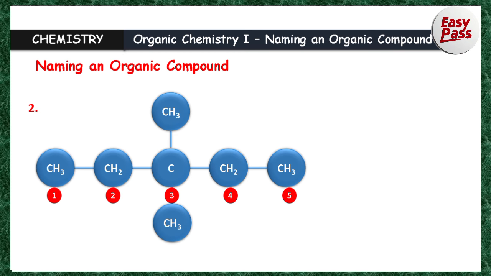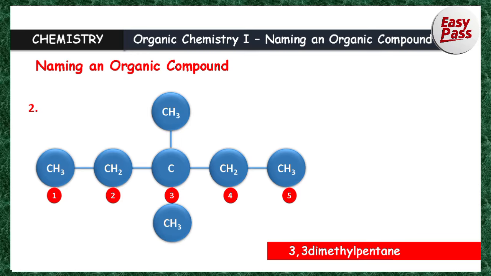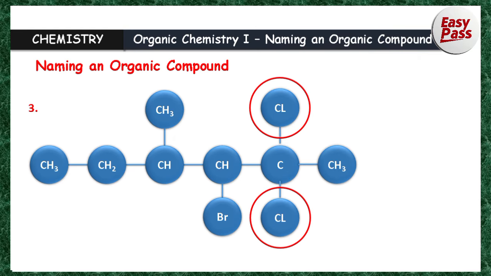Downward. 3, 3. Then in your mathematics, 2 is what? Dimethyl. 3,3-dimethyl. 1, 2, 3, 4, 5. You name what? The parent hydrocarbon, the longest continuous chain, which is what? Pentane. 3,3-dimethylpentane.